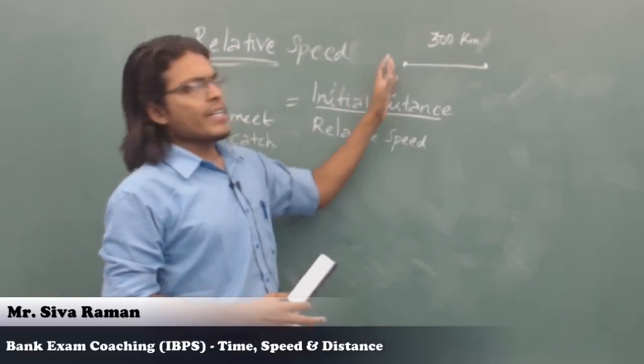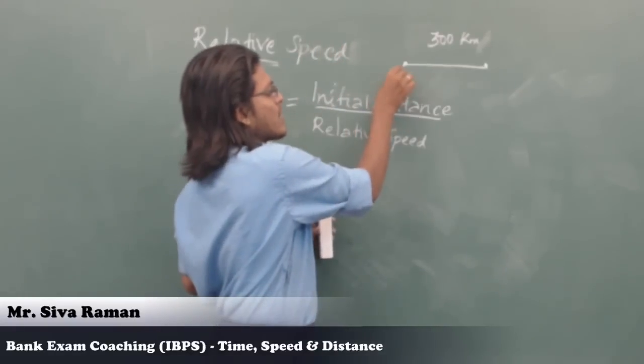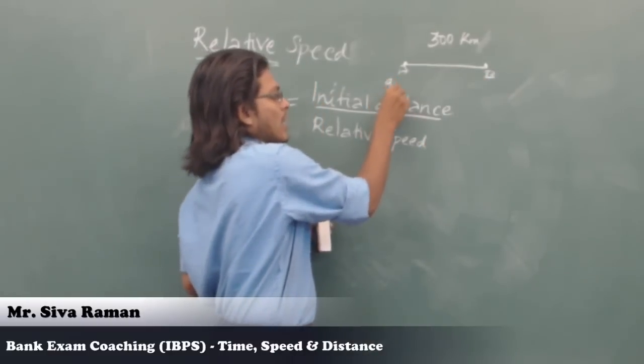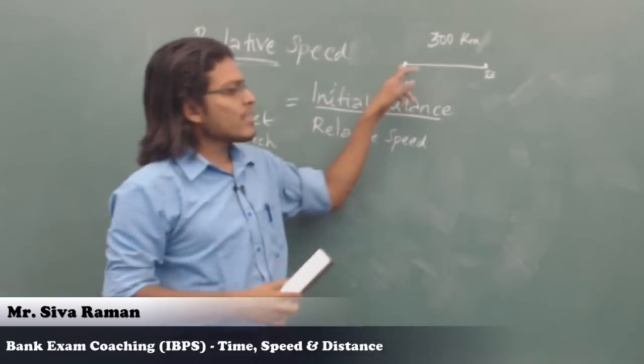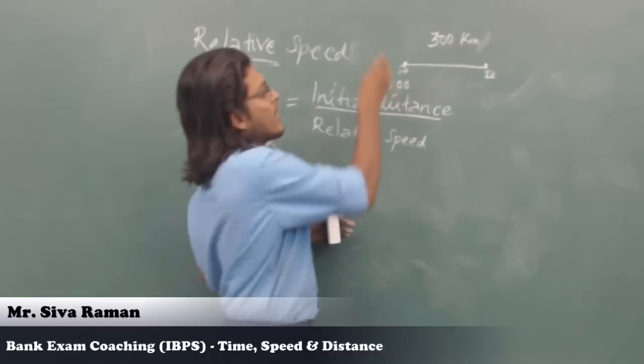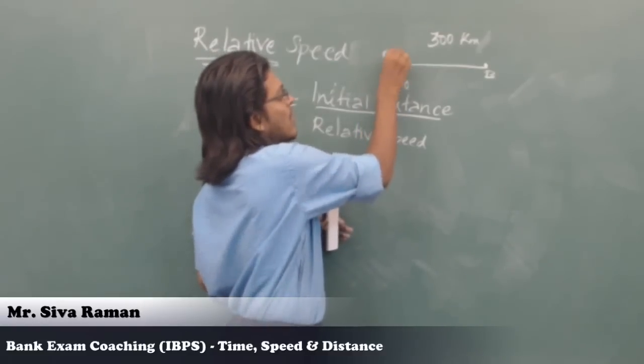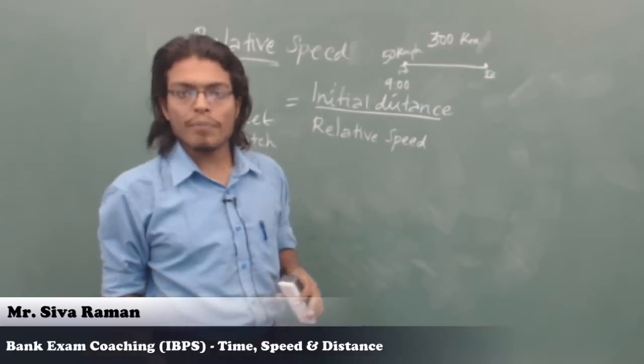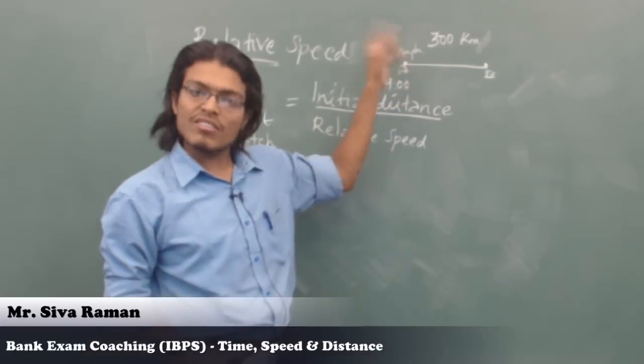Right. At 9 o'clock, a bus starts from, we call them A and B, at 9 o'clock, a bus starts from A that travels at 50 km per hour. The speed of the bus that is starting from A is 50 km per hour.